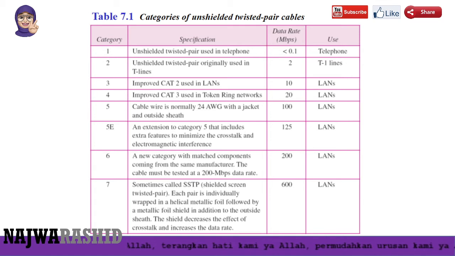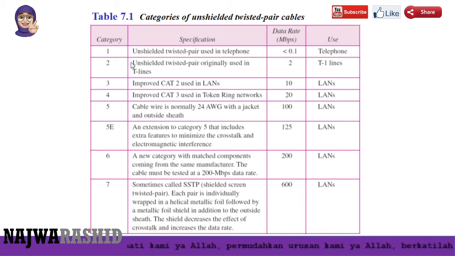Next, you can refer to this table, the categories of unshielded twisted pair cable. We call these CAT, category. So we have category 1, 2, 3, 4, 5, 5E, 6, 7. These are the categories of the cable.